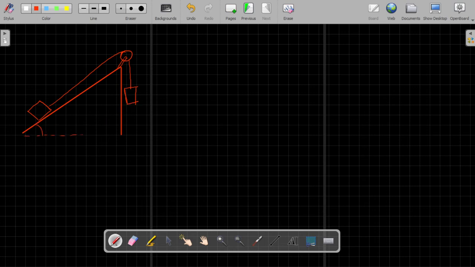Let's say the angle of inclination is theta, the mass of this block is m1, and the mass of this block is m2. The string transmits the tension across it. Let's say the tension acting on block m1 is T, then the same tension would act on block m2. That is the job of the string.